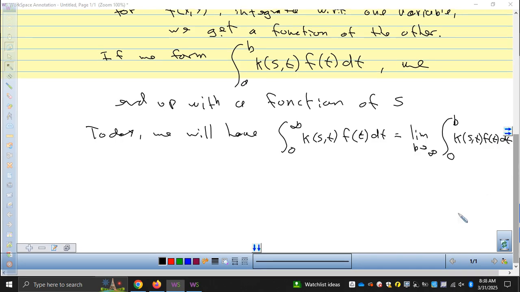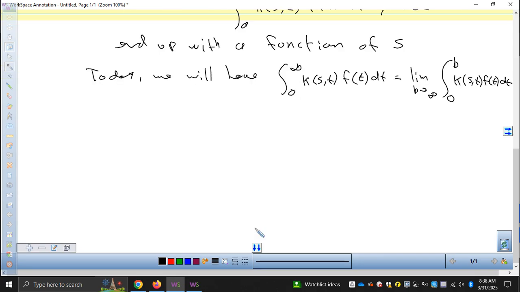The book does some little abuse with the limit notation, just to be aware. I always write the limit notation. And here, for us, we're assuming that s is a real variable. We call this k of s t, that function in the integral, the kernel of the transform.